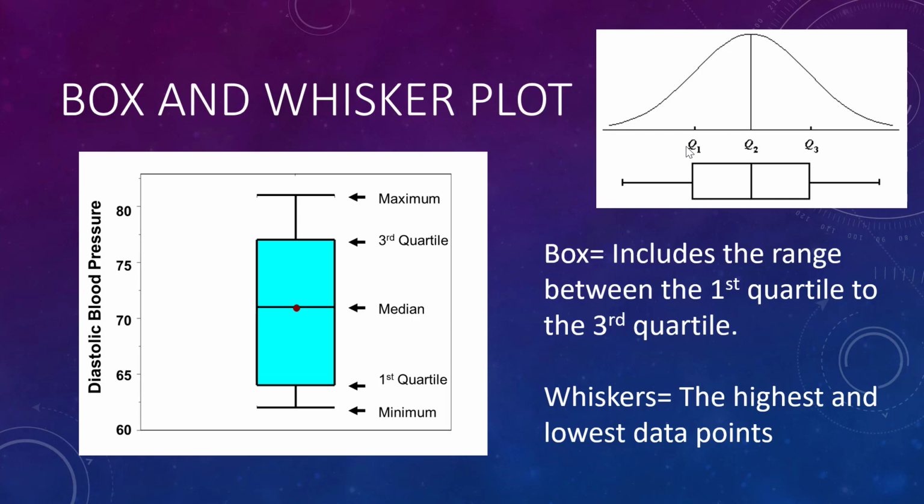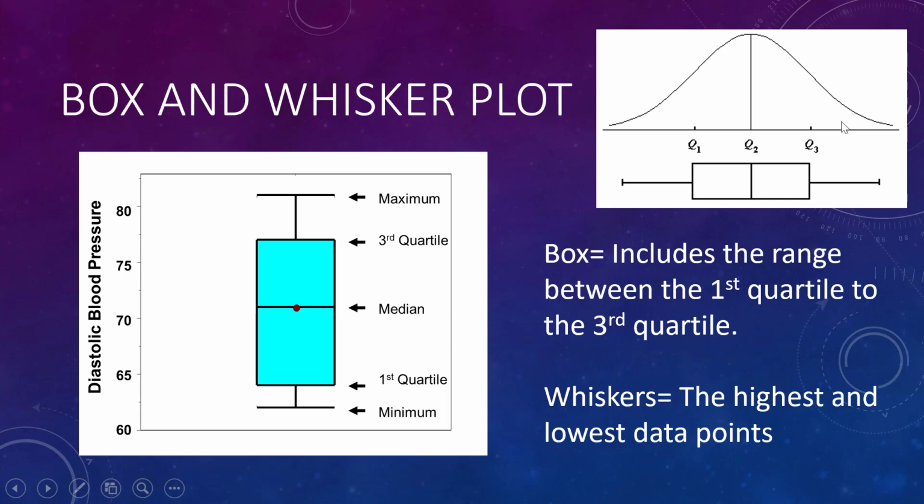About 25% would fall between Q1 and Q2, so in this area. 25% would fall between Q2 and Q3 here. And then the fourth quarter, or the fourth 25%, would fall between Q3 and the far right tail.